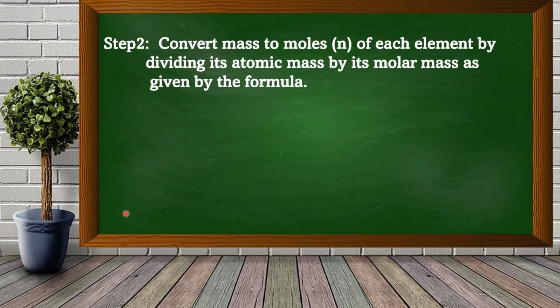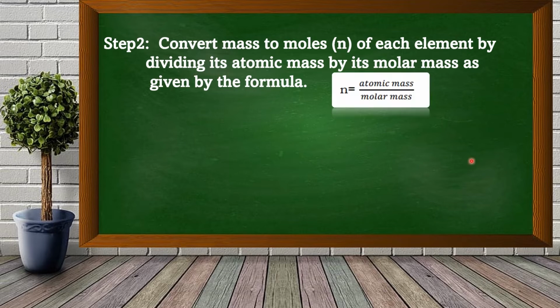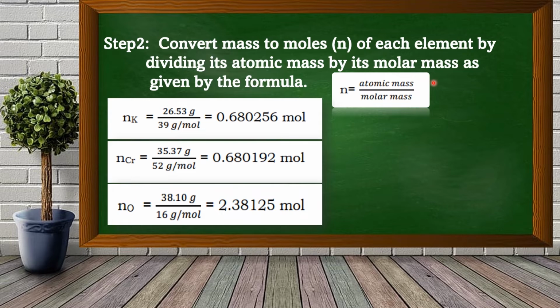For our step 2, I want you to convert the mass to moles of each element by dividing its atomic mass by its molar mass as given by the formula. So again, atomic mass divided by the molar mass.